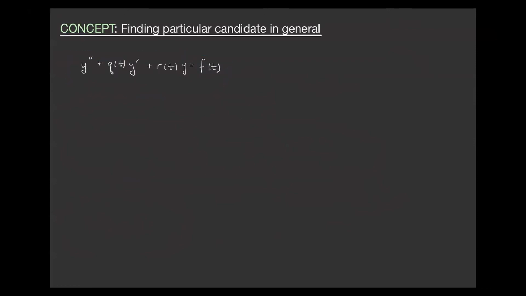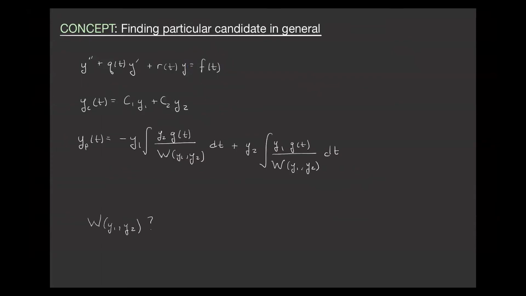If we find the complementary solution, and we suppose it looks like this, then what we can do, no matter what f is, is get some formula for what the particular solution would look like. In particular, if we have y1 and y2 components of the complementary solution, and we know the non-homogeneous part, then we can use this formula.